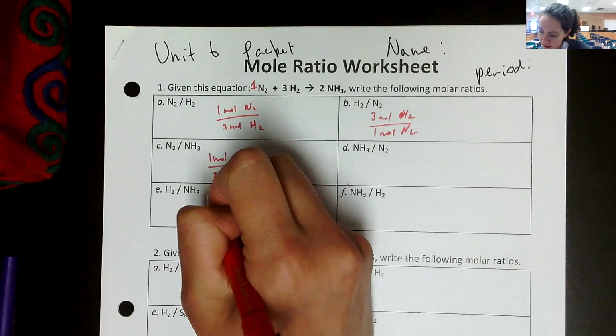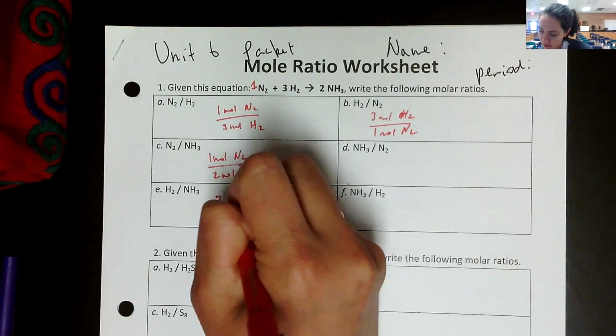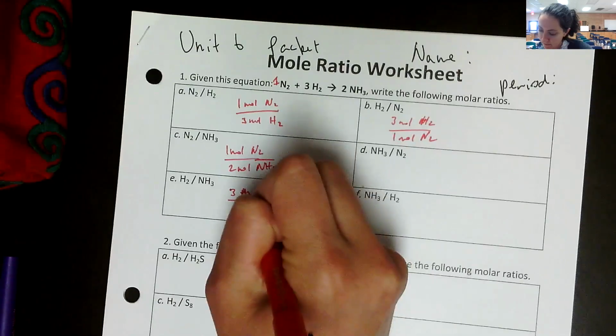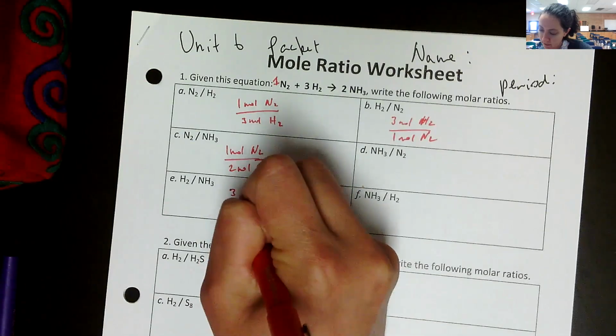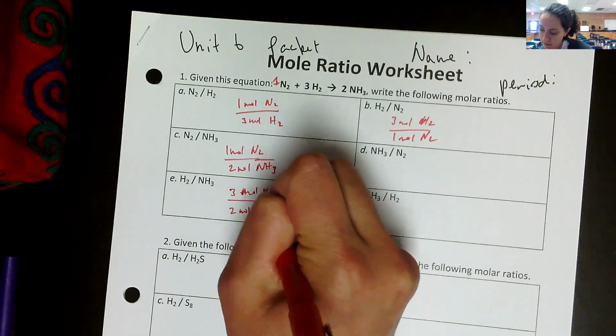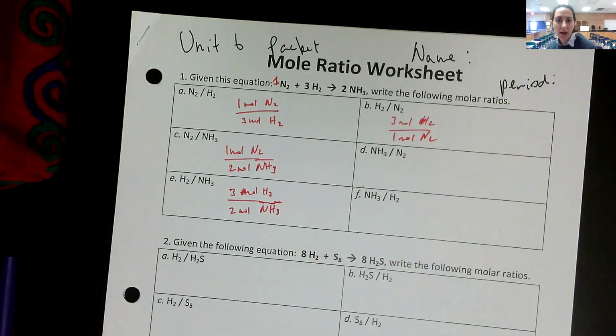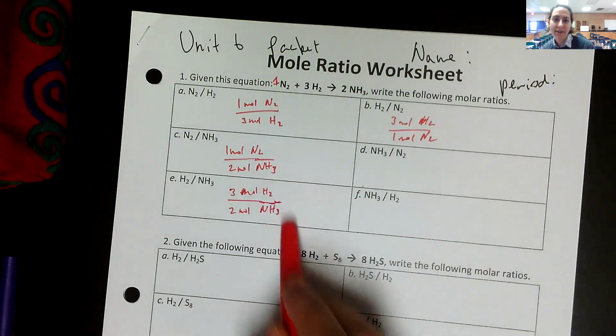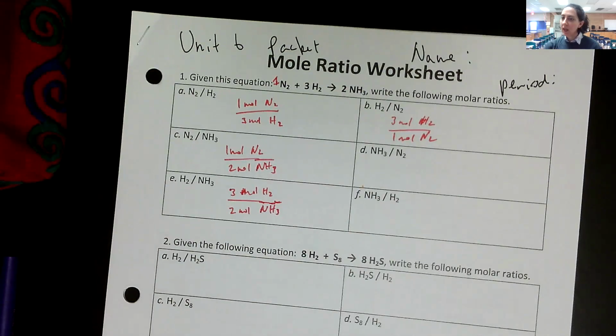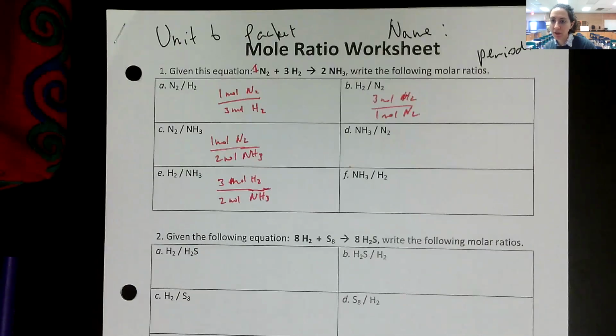So again, that one looks like this. All right. And then D and F would just be the opposites again. You just flip them over. And if you remember from equalities, as soon as you have the equality, you can always flip it over. So it's just whichever one is more useful.